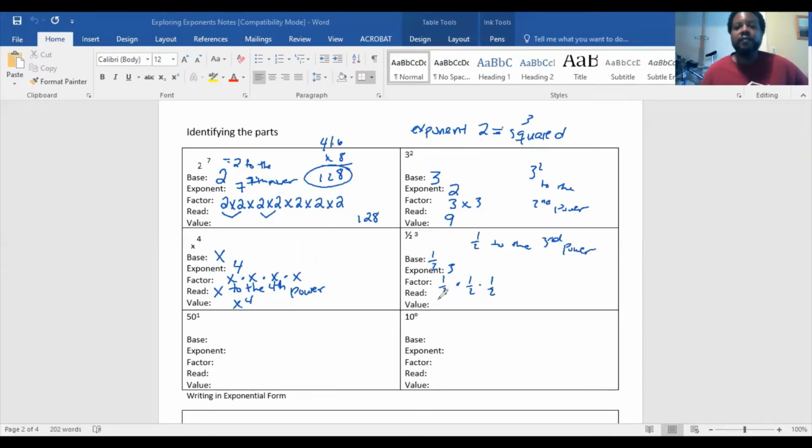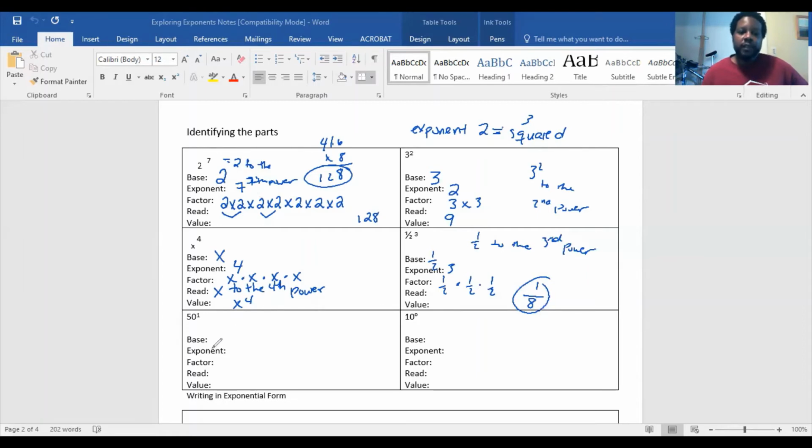What is the value of that? Well, I have to just do 1 times 1 times 1, and then 2 times 2 times 2. 1 times 1 times 1 is just 1. 2 times 2 times 2 is 8. So my value is 1/8.